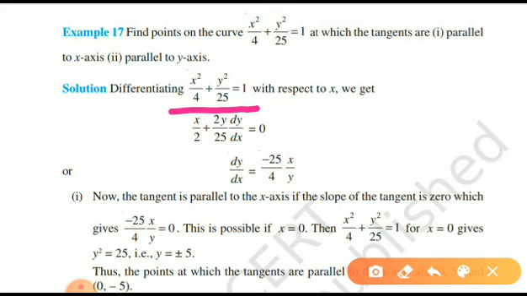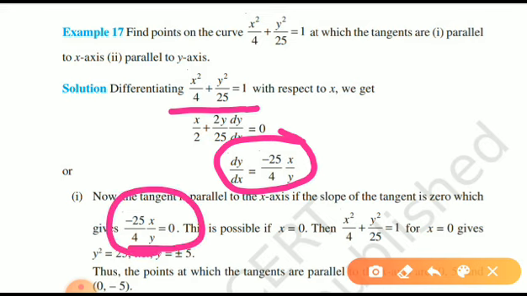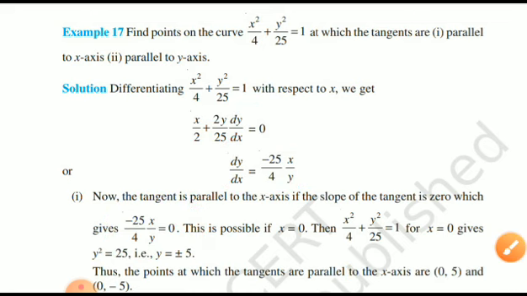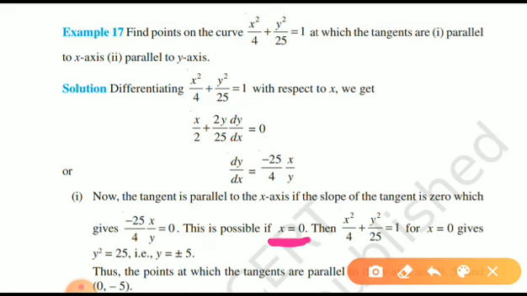That means my dy by dx will be 0. That means, can I say minus 25 by 4 into x by y will be 0? And this can be 0 only when x is equal to 0. y cannot be 0.